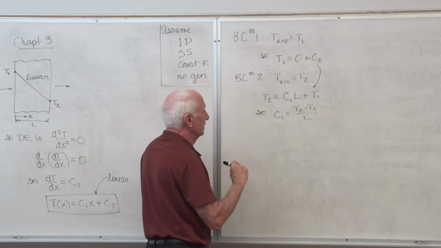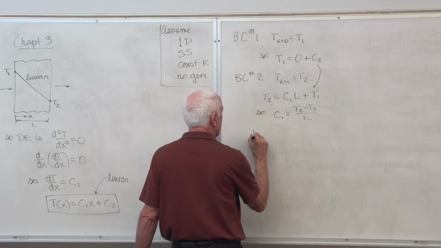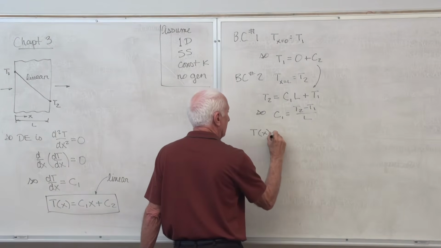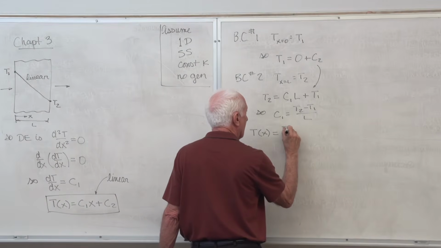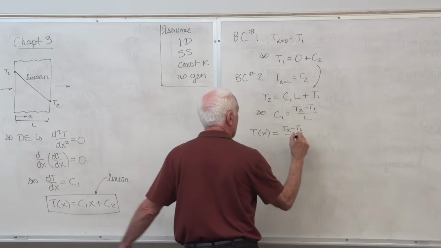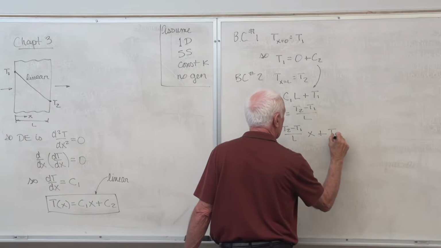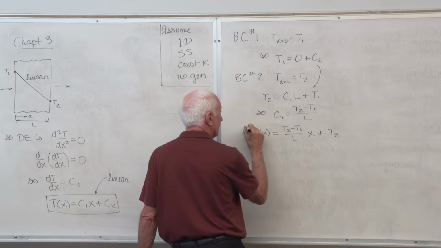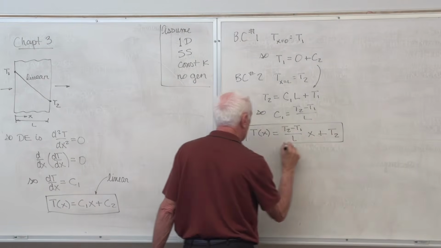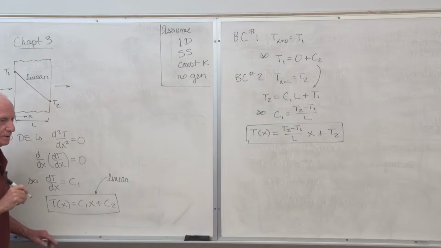Got it. So write the temperature equation out now. Temperature as a function of x equals C1 times x plus C2. Okay, so there's the specific solution now in terms of the wall thickness and the temperatures T1 and T2.